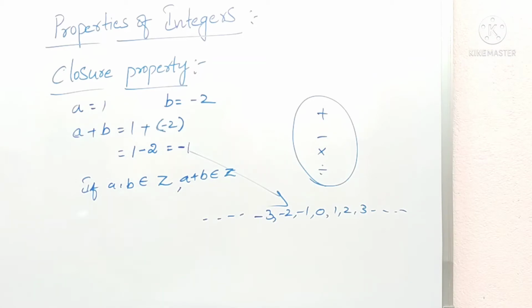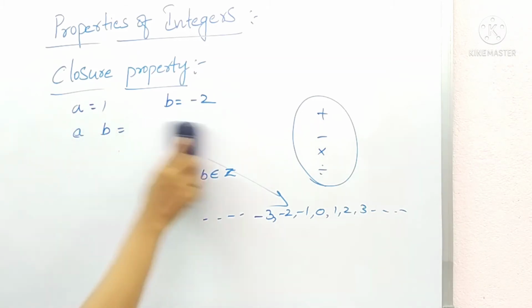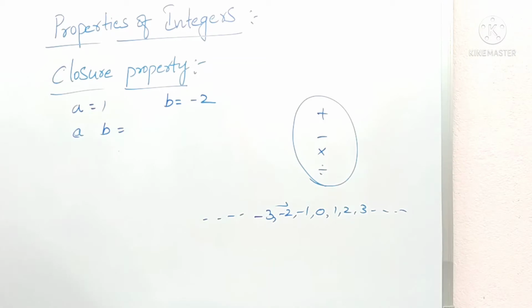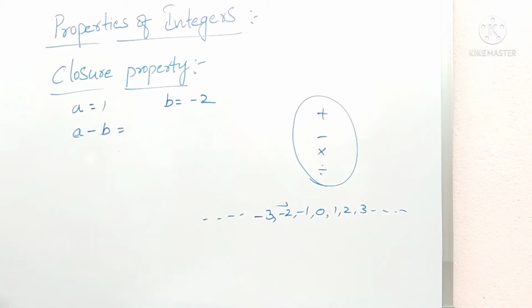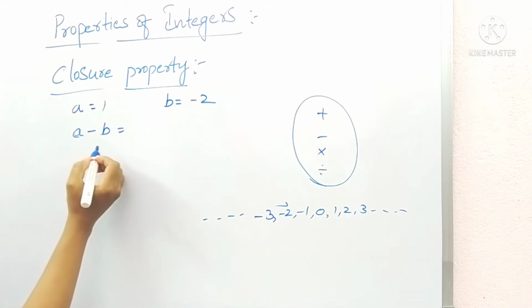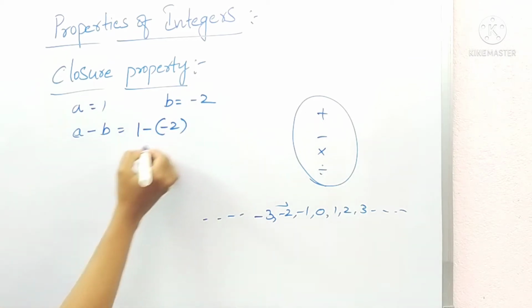Okay, under subtraction, both here A and B, I am taking the same numbers. So A equals 1 and B equals -2. Now I am calculating A minus B. So see, A is 1, minus of -2.